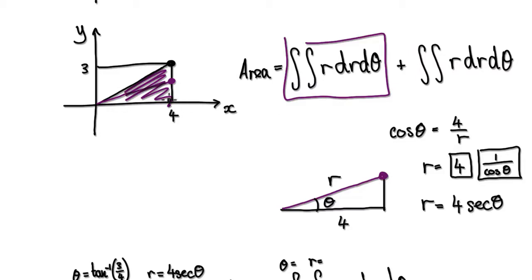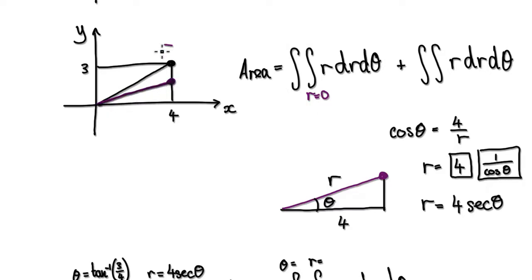For the first triangle, we are integrating from a radius of 0. You start at 0 and then you stop at the vertical line. So for a given angle, we're integrating from r equals 0 to r equals 4 secant theta.